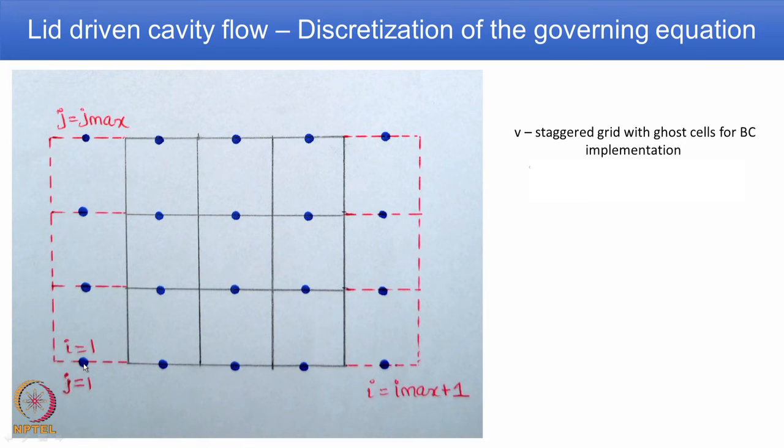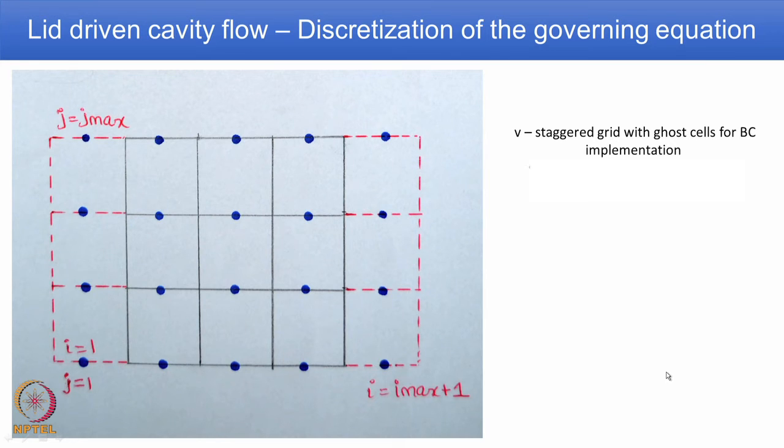So, these are all for storing V velocity. This is the V staggered grid with the ghost cell for boundary condition implementation. We had a similar thing when we did the U momentum equation, but it was in the j direction. Now, for the V momentum equation, it is in the I direction.